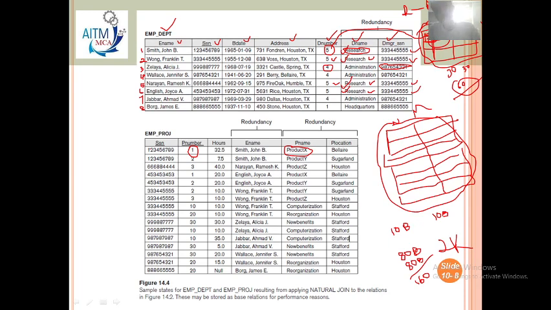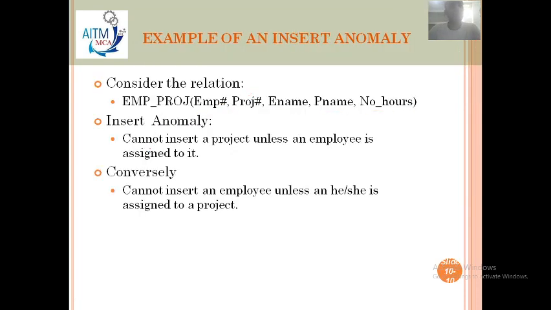Sometimes the project will be there, and we're going to hire an employee later. So when an employee is there, you have to have a project, or when you have a project, you must have an employee for that. If any one of them is not there, then inserting a value into the table creates the problem. Got it? This is the anomaly. It creates the problem while inserting. It is called insertion anomaly.